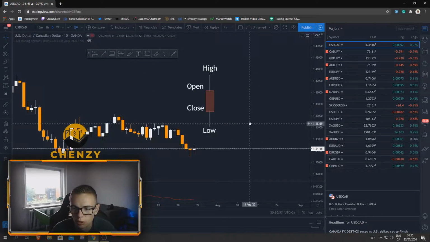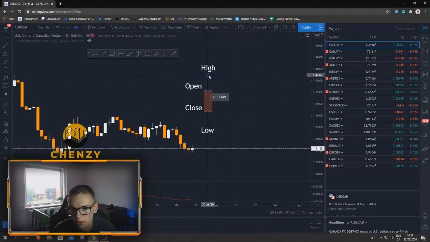Okay, so let's go over the 4 parts. So we start with the open here, and the open is basically the price the candle opens at, okay? And the close is the price that the candle closes at.